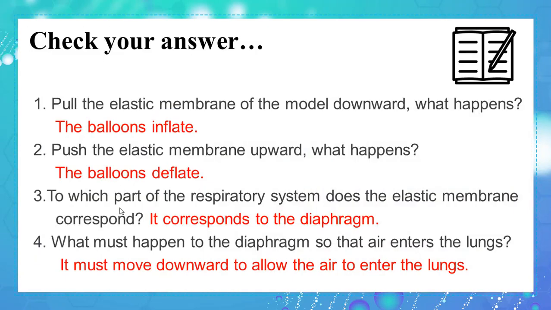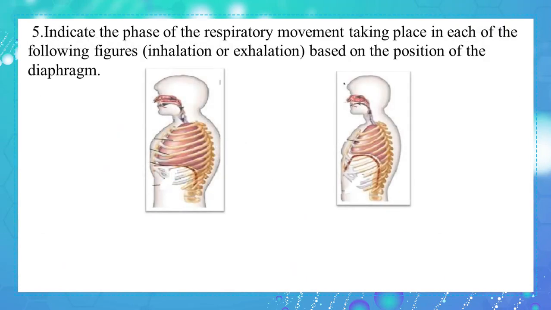Now it's time to check your answers. Not only the direction of airflow allows us to identify the phase of respiratory movement, if it is inhalation or exhalation, but also the position of the diaphragm is one of the ways that can be used to identify the phase of respiratory movement.